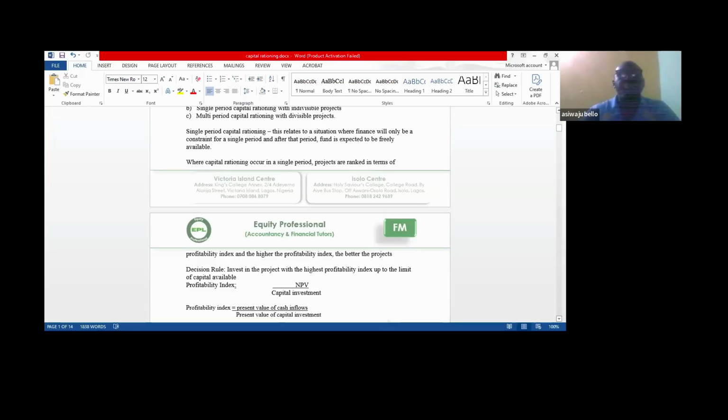In this case, you are going to rank projects for selection on the basis of profitability index. The higher the profitability index, the better the project.